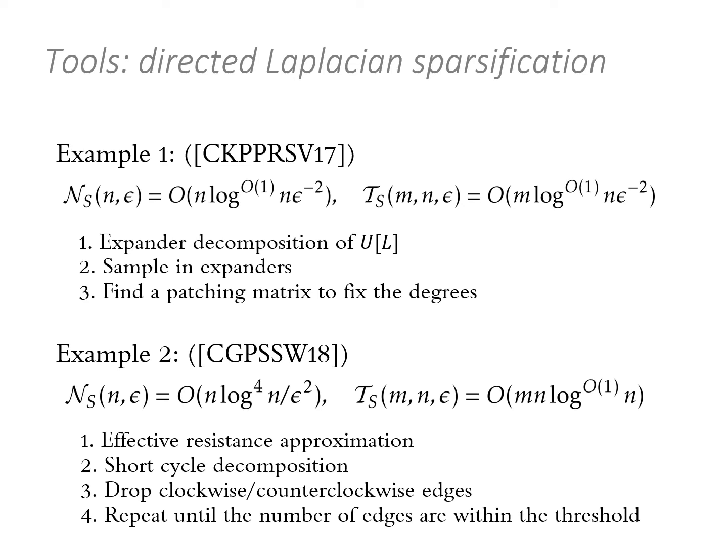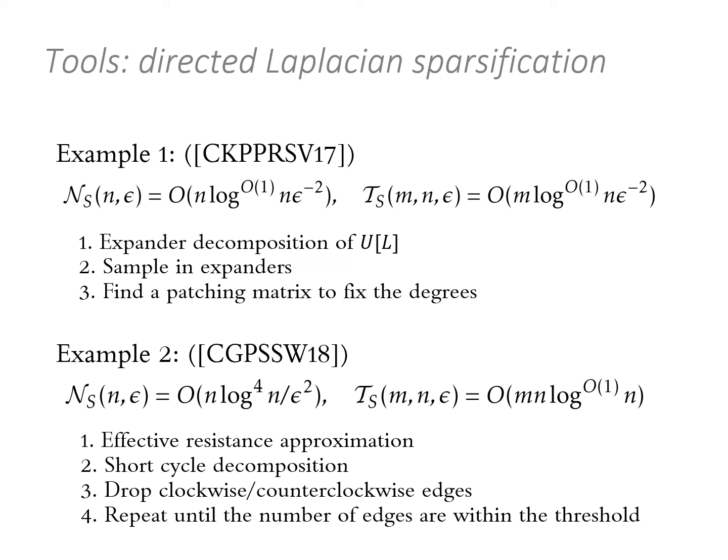Then, using Cheeger's inequality, intuitively, the degree matrix can be bounded by the symmetrization of this expander. Then find a patching matrix to fix the degree. And finally, the total error matrix can be asymmetrically bounded by the symmetrization of L.